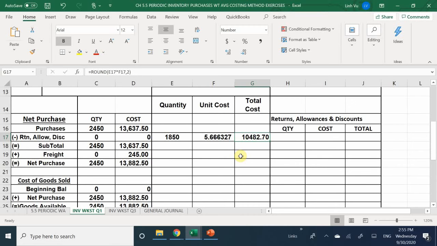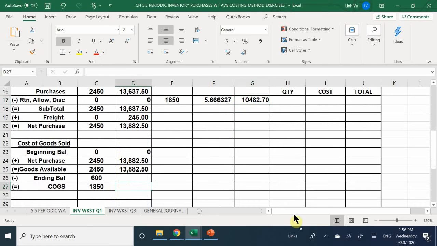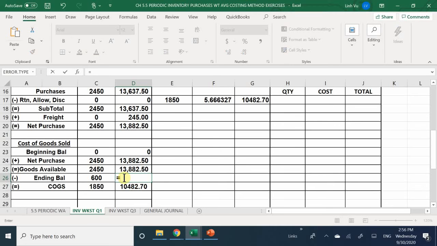On our journal, you can't accept a millionth of a penny, so you need to round there. That is exactly why I recommend that when you're rounding, you round this number first, and solve for the ending balance by taking these two numbers and subtracting them out.